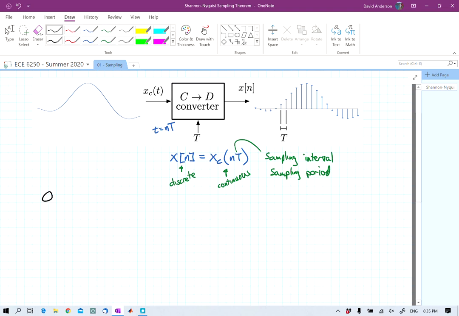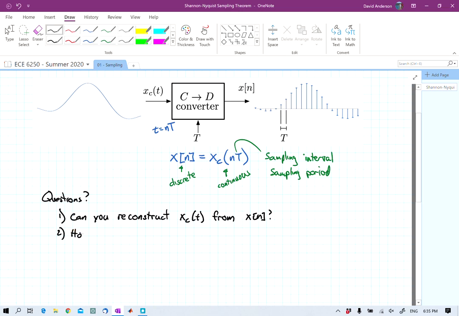So questions that should come up here. The first is, can you reconstruct our continuous signal from the discrete signal? The answer to that is sometimes.